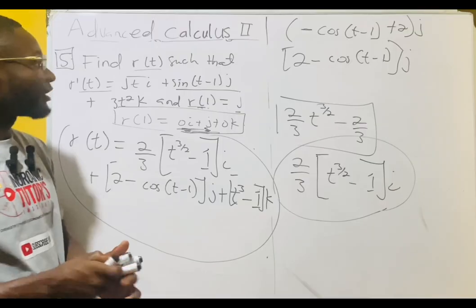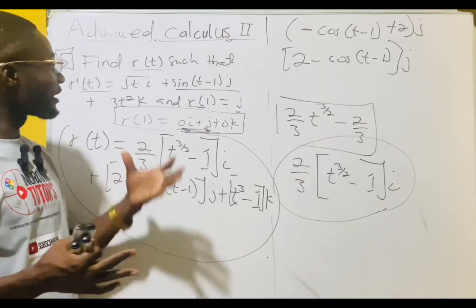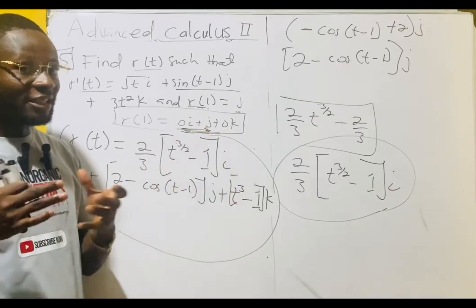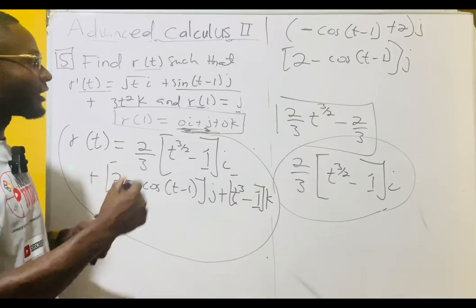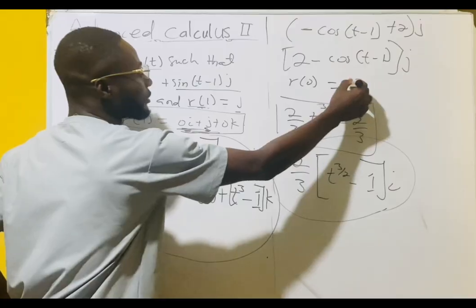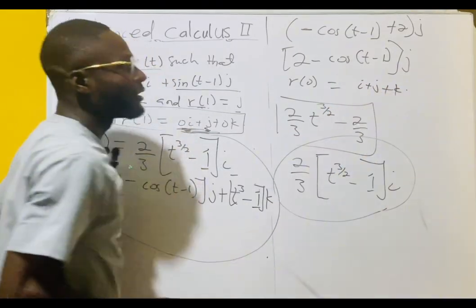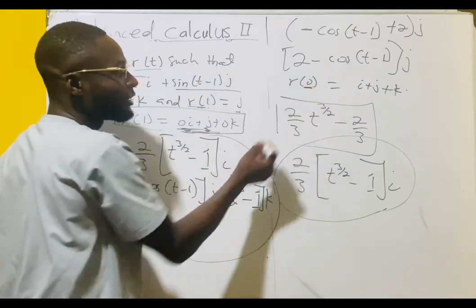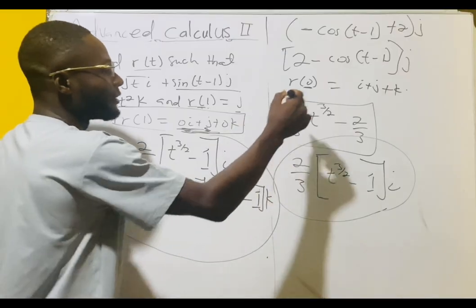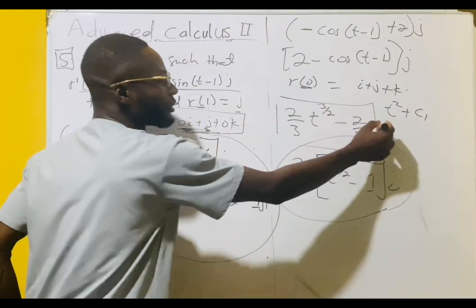All right, so whenever you have a question of this nature and you want to find r of t, given the differential of r of t, and as well you have the initials, don't forget that if you have r of 0 equals, let's say, i plus j plus k, then it means that your t, when you integrate, for instance, you're having t squared plus c1, that means that your t is 0.